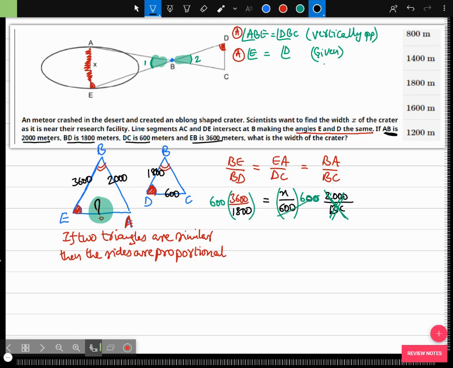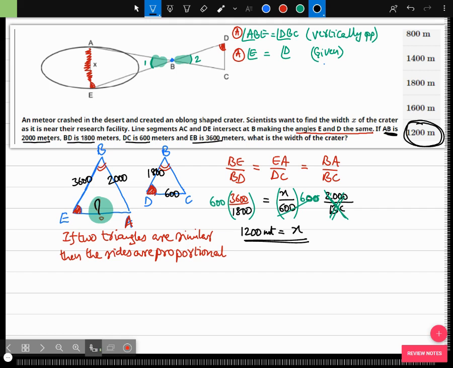You may make use of a calculator. I think you should get 1200 as the value of X. The units are meters, therefore X is 1200 meters. That is the width of the crater.